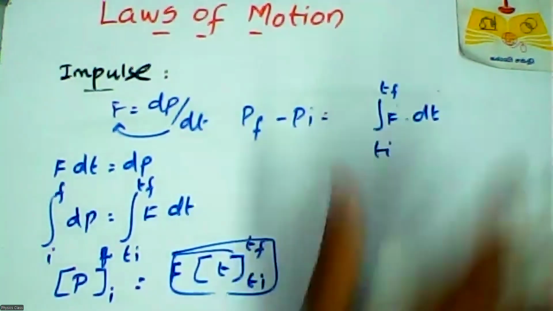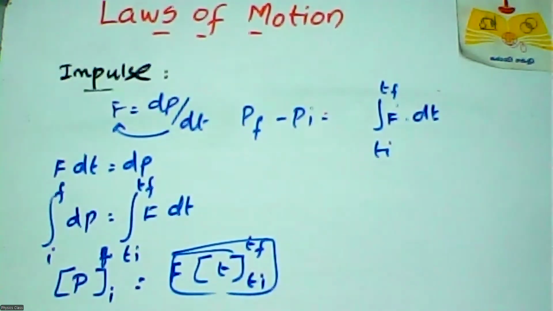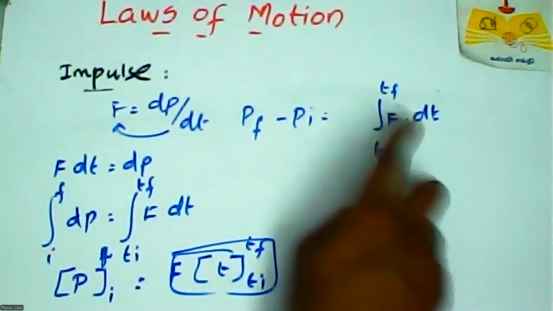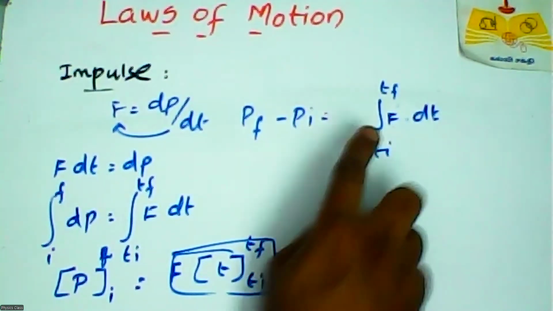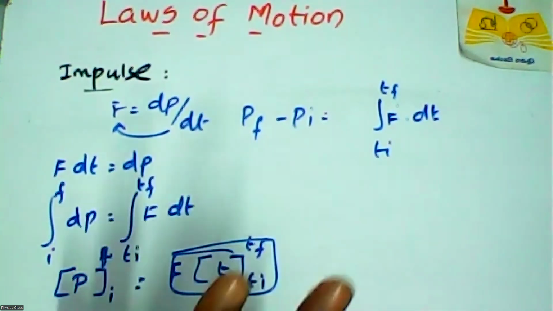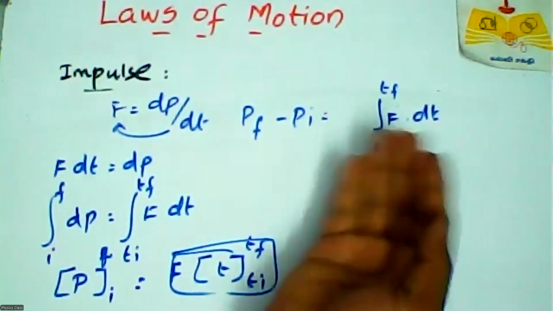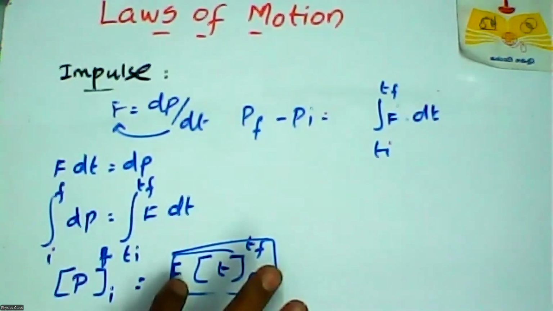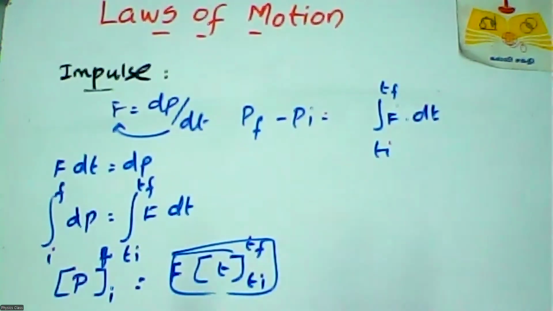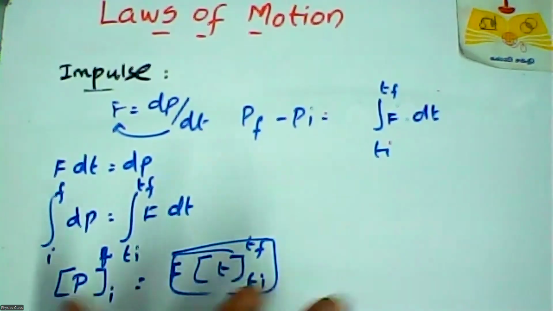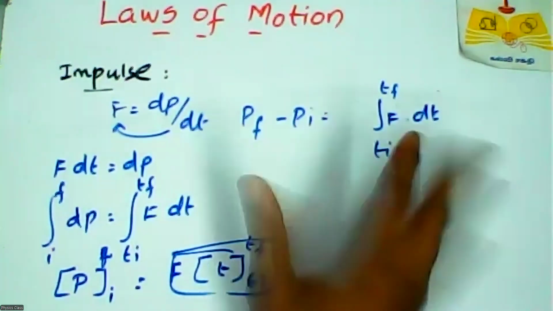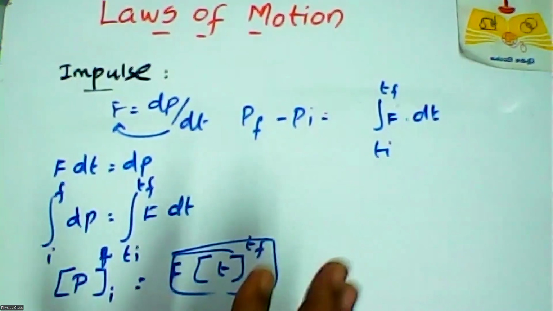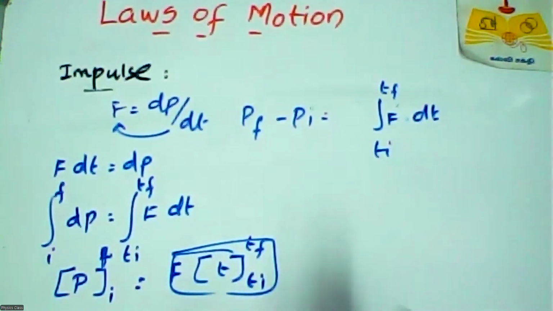Just put F dot dt, because only if the force is constant can you take it out of this integral. If the force is not constant, you don't take that force out of this integral, because that force may be constant or it may change.